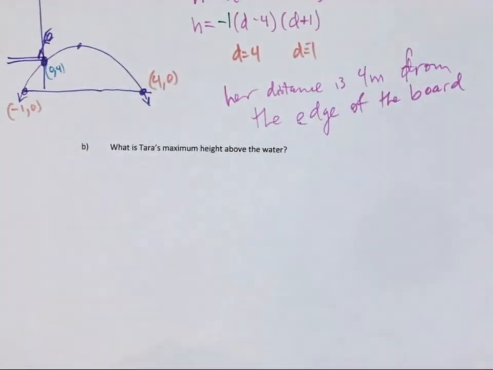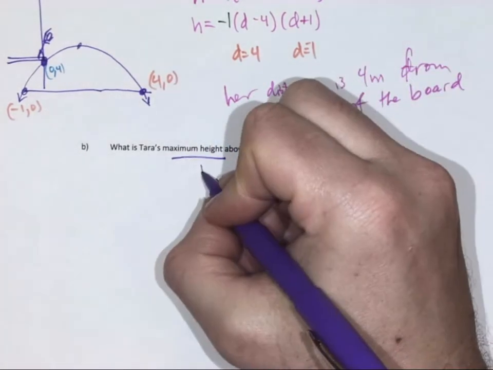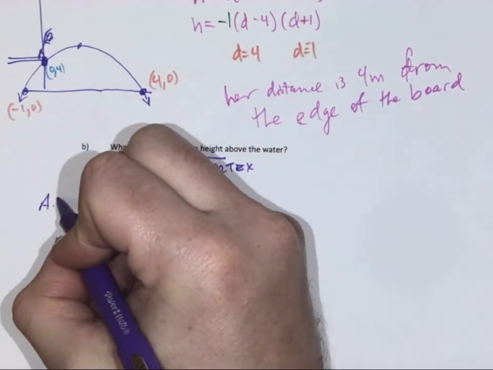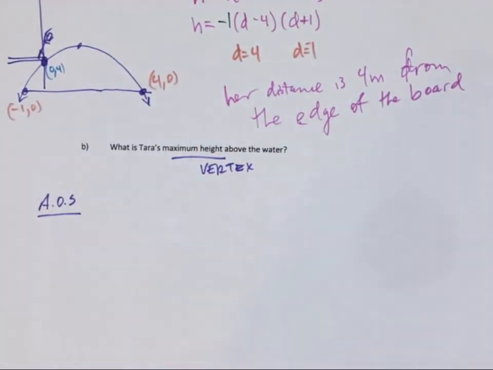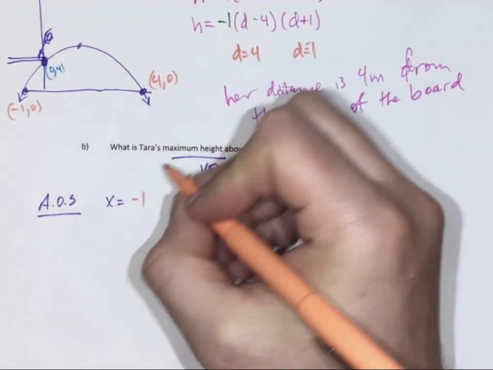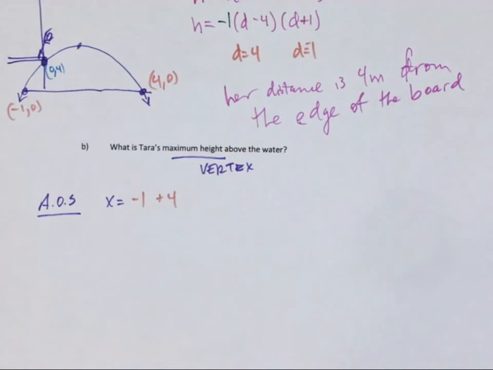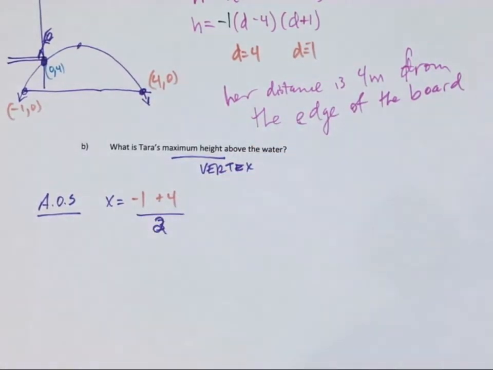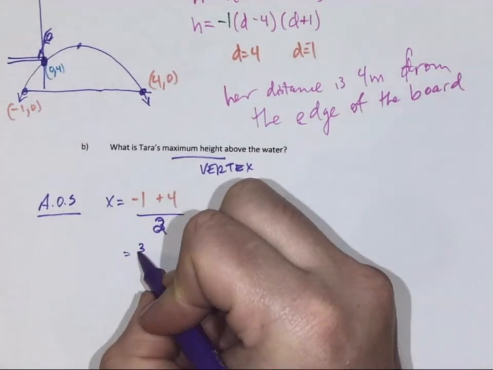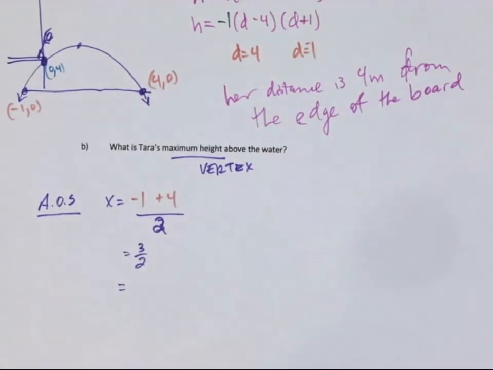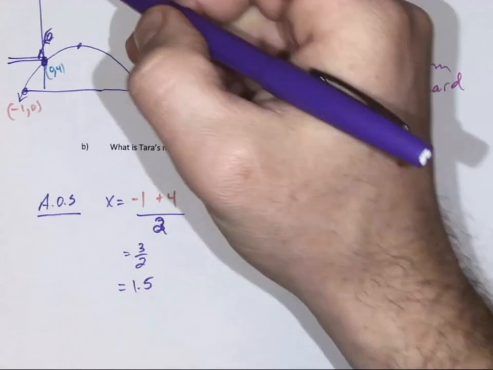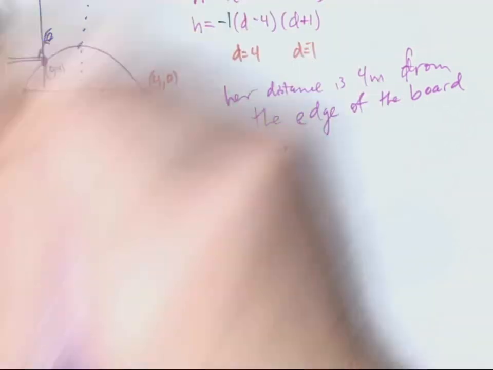So I'm going to add negative 1 plus 4 and divide it by 2. Negative 1 plus 4 is 3. 3 divided by 2 is 3 halves. And because I'm talking about meters, I can change 3 halves into a decimal, 1.5. There's my axis of symmetry.